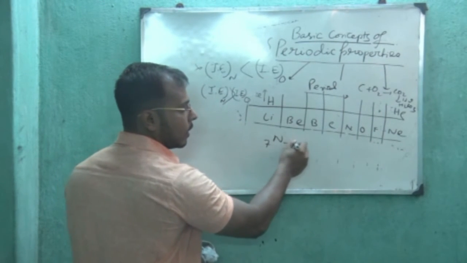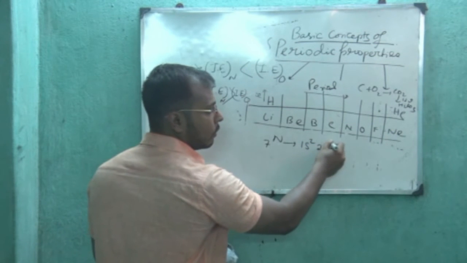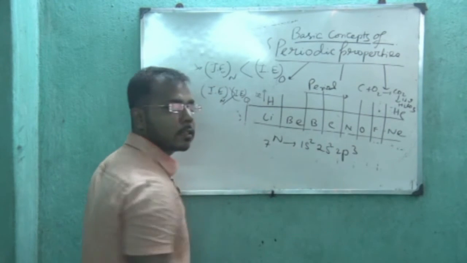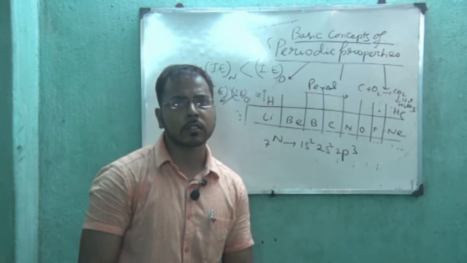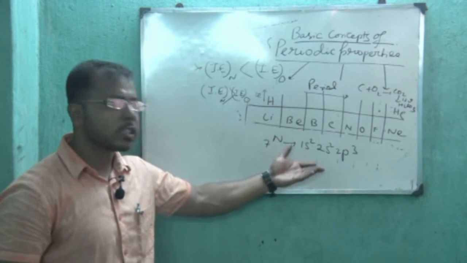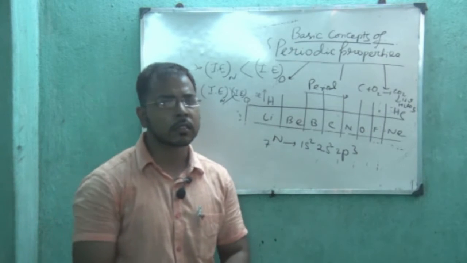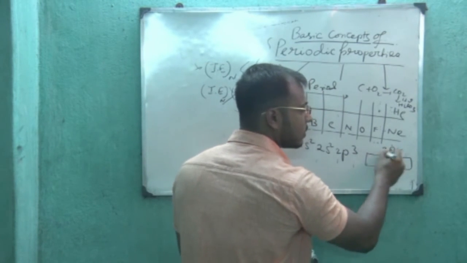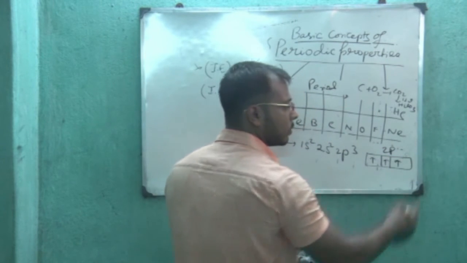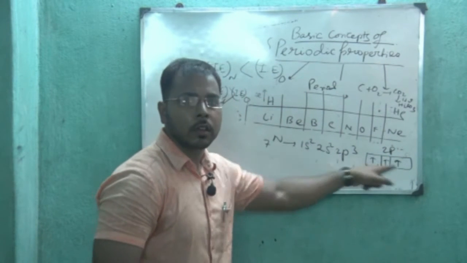Nitrogen has the electronic configuration like this. In p orbitals, how many electrons can it maximum retain? 6, because p orbitals have 3 subshells, so nitrogen is half filled.